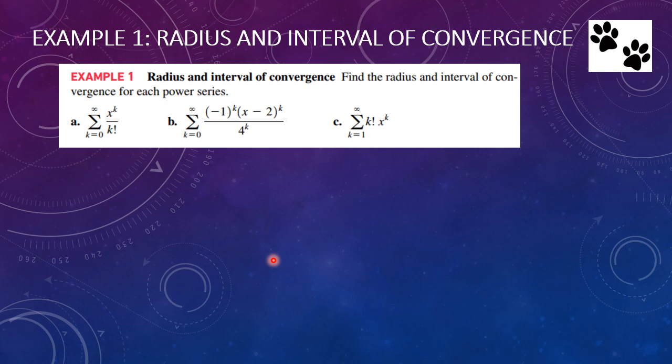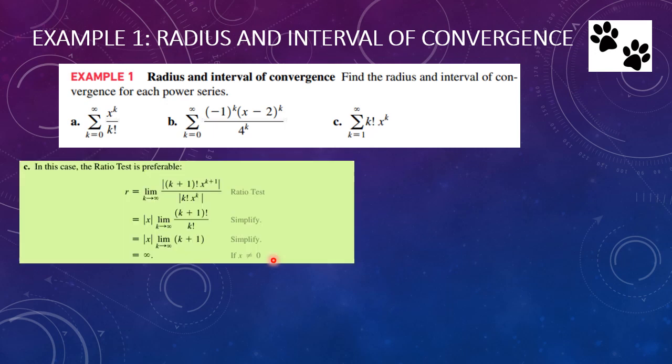So let's look at our last example, C, the summation from k equals 1 to infinity of k factorial times x to the k. Here again, we're going to use the ratio test, substituting in k plus 1 for k. And so we get the absolute value of k plus 1 factorial times x to the k plus 1.